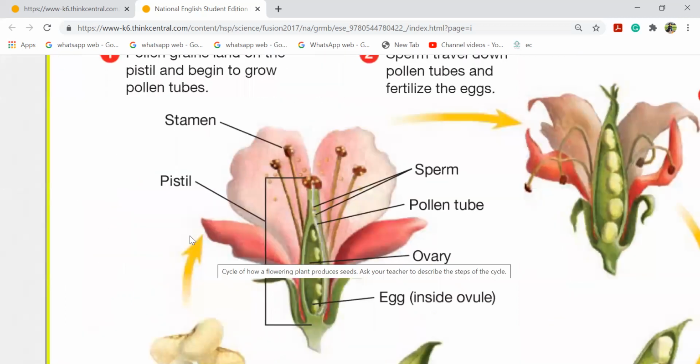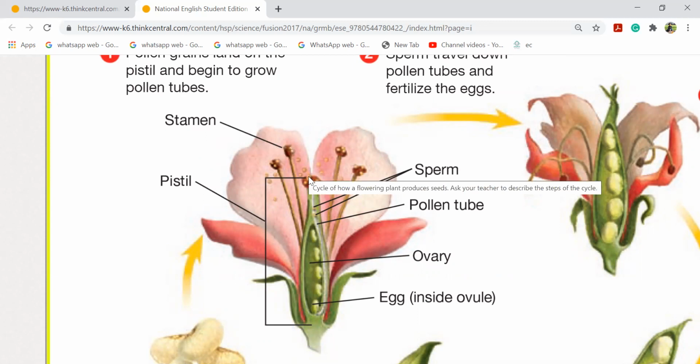I'll show you again. This stamen is male or female? Yes, male. The male reproductive part. Inside the stamen there are anthers which produce pollen, and these pollen fall on the stigma of the female pistil, stick, and then go inside, where they have the egg cell.